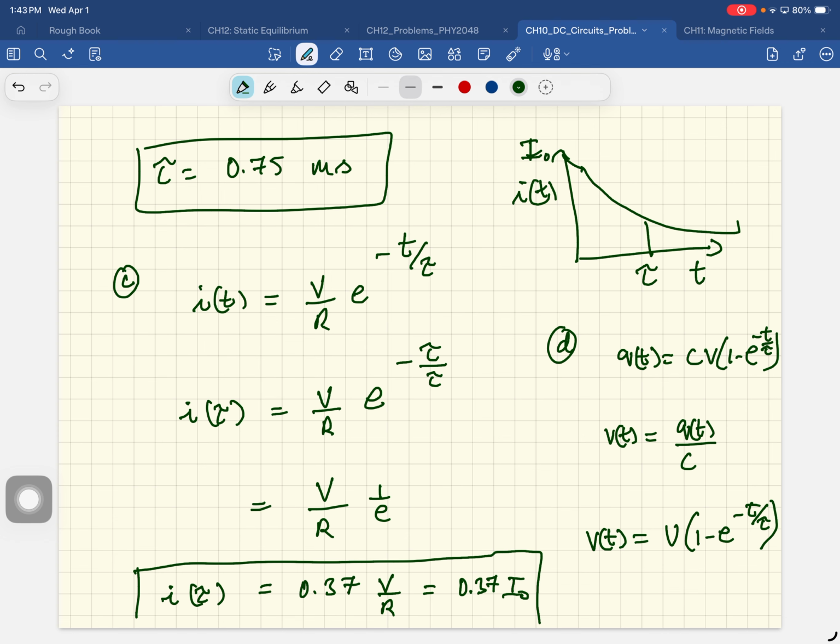The voltage on the capacitor is Q(t) over C, which is V, the voltage of the battery, times 1 minus e to the power of minus t over tau. Again, we put t to be one time constant, so this will become 1 over e. So this is V times 1 minus 1 over e, and V was 6.16 volts, the voltage of the battery.